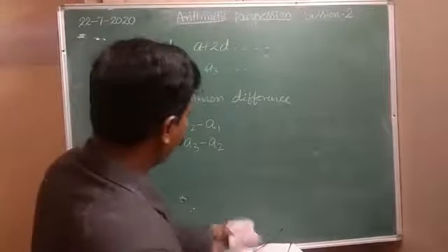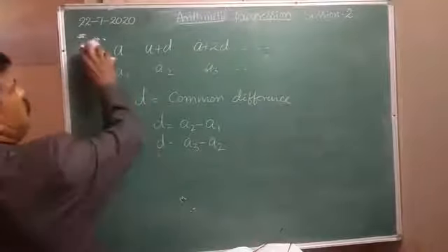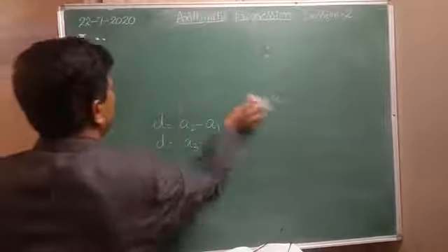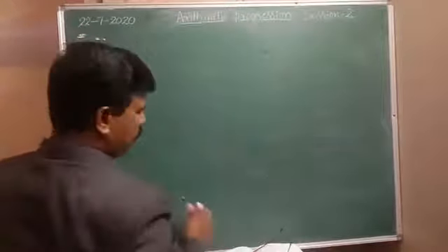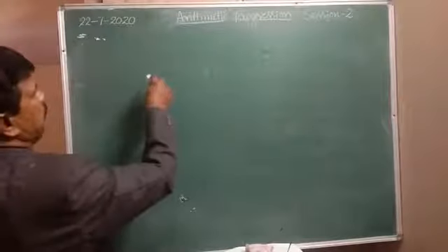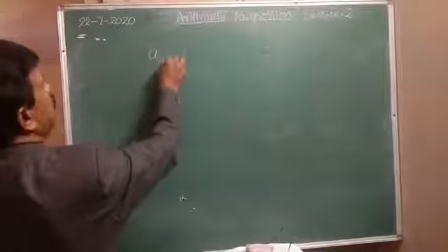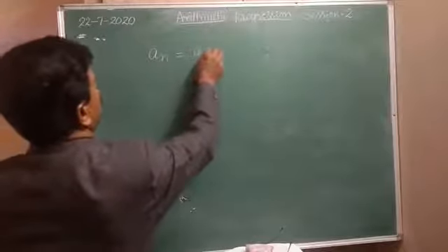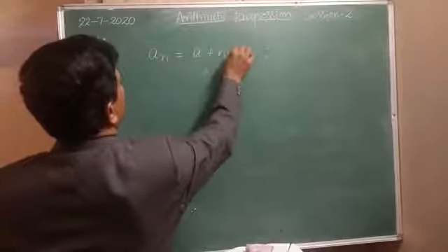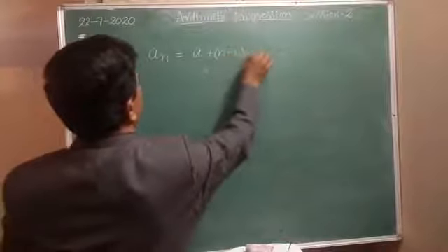Then we learned in the previous class the nth term of a progression. That means the nth term an is equal to a plus (n minus 1) into d.